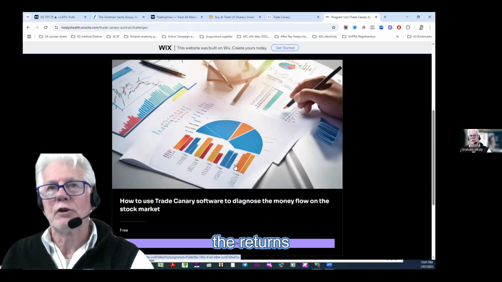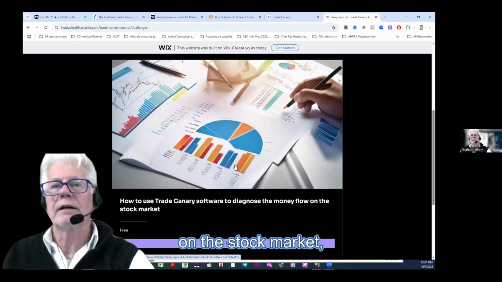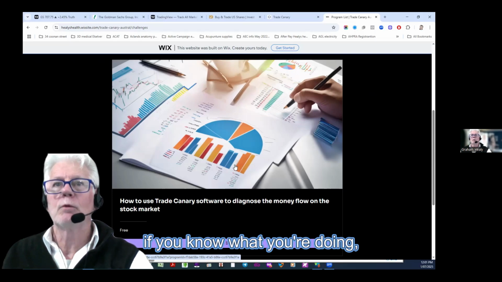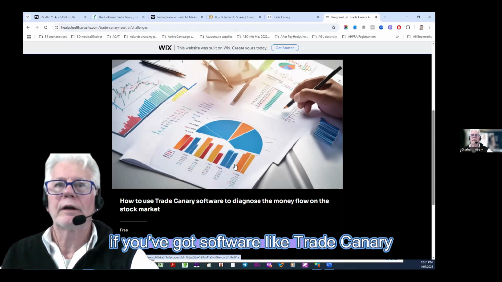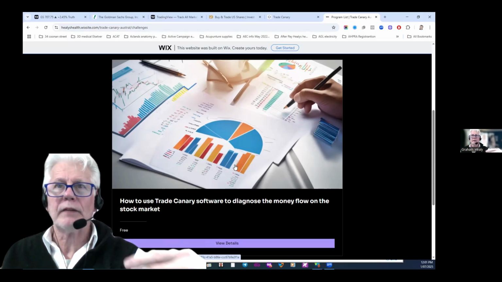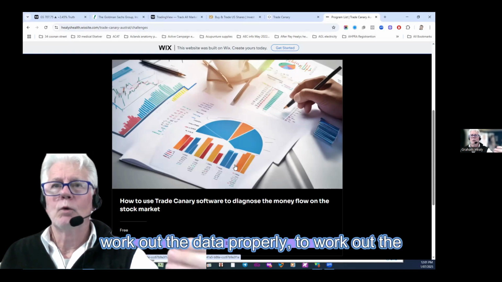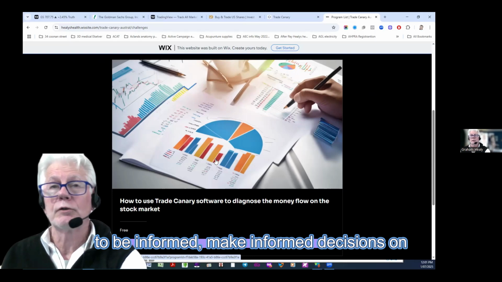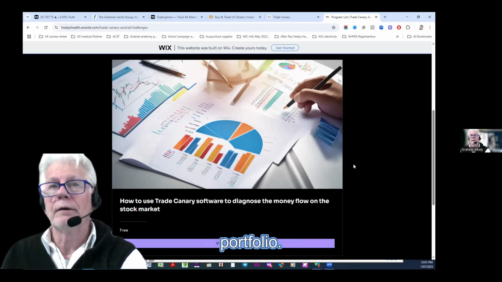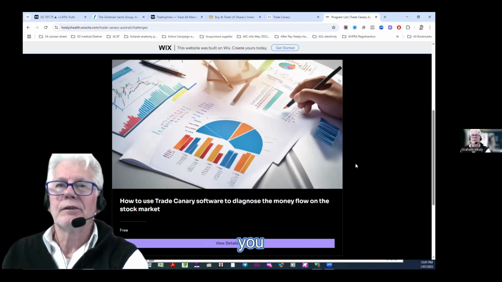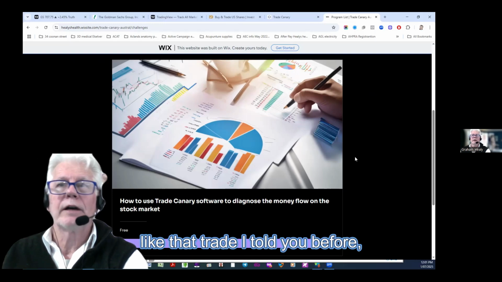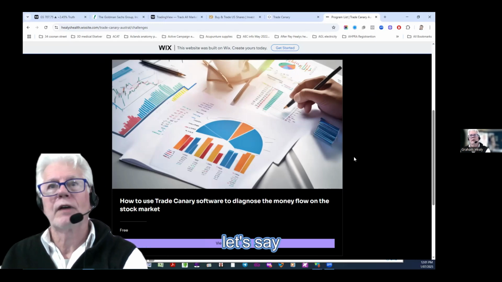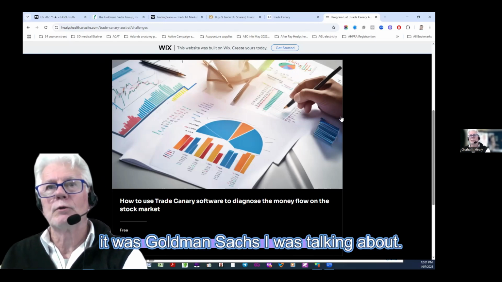So the returns on the stock market, on the calls and puts, if you know what you're doing, if you've got software like Trade Canary to work out the data properly, to work out the odds, to make informed decisions on your trading portfolio, then you could, imagine, like that trade I told you before, let's say it was Goldman Sachs I was talking about.